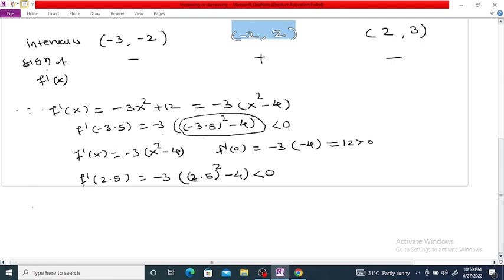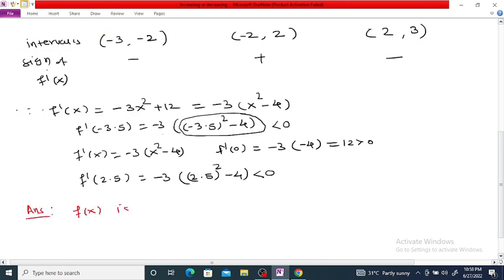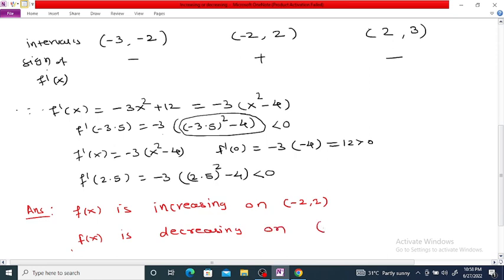From this we can write the answer of part first: f of x is increasing on minus 2 to plus 2, and f of x is strictly decreasing on minus 3 to minus 2 and on the interval 2 to 3. So this is the answer here.